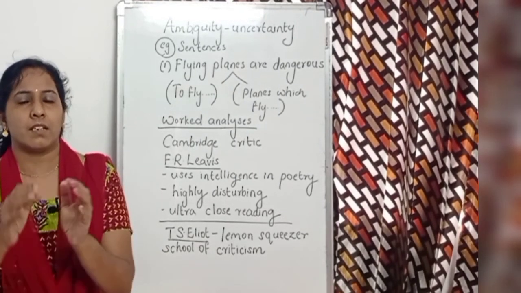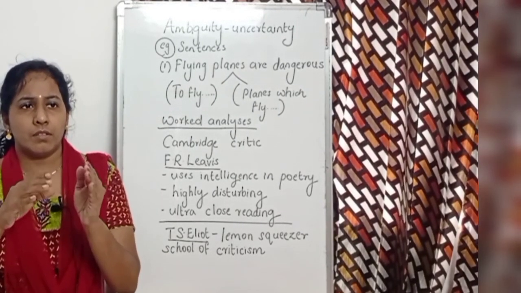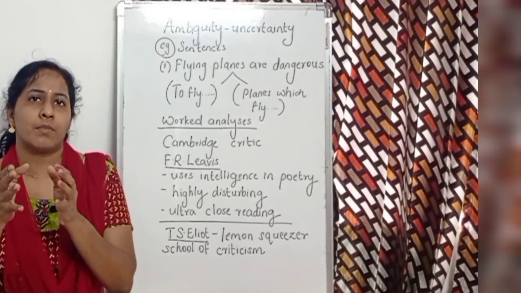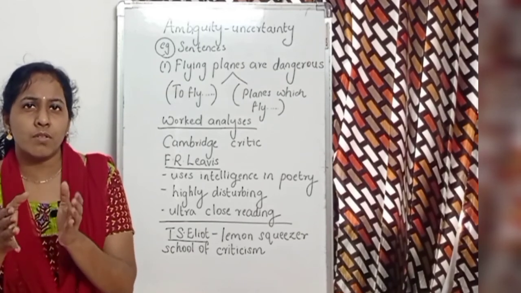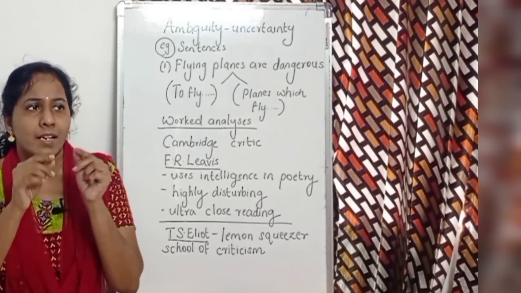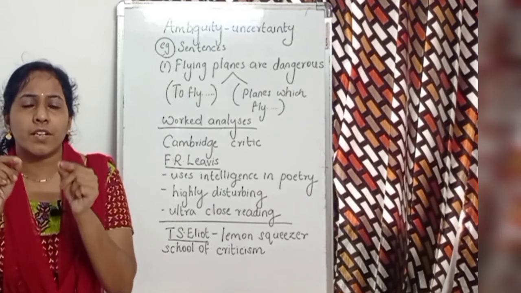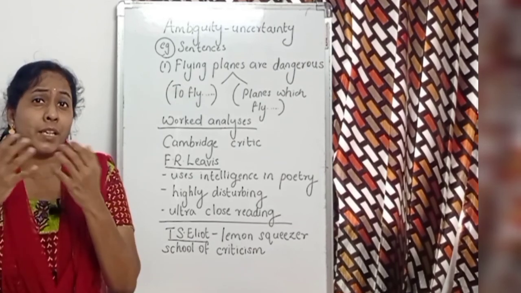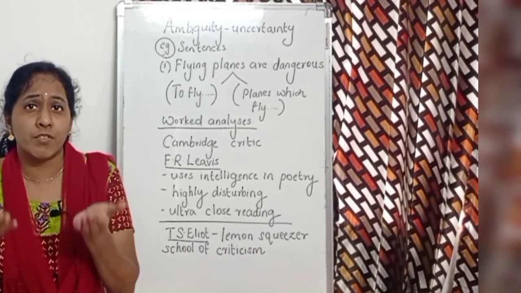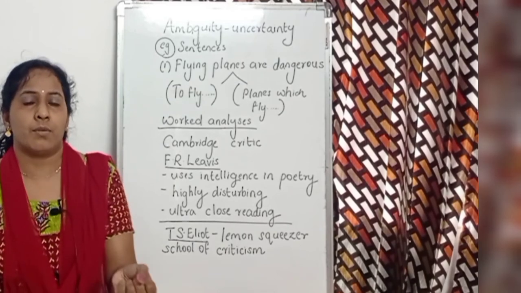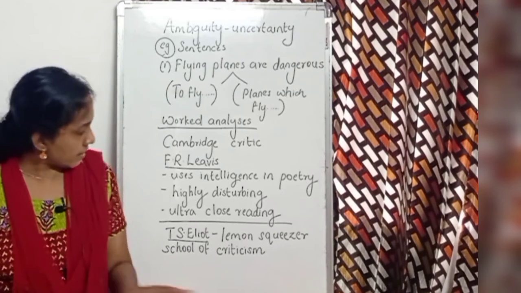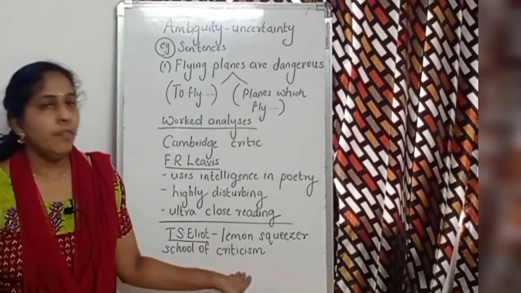You're closely observing something, interpreting it, concentrating on it and identifying each intricate issue in it. So you're squeezing something out. You're not just appreciating poetry or a literary text, you're squeezing it out. So T.S. Eliot addresses this close reading as the Lemon Squeezer School of Criticism.